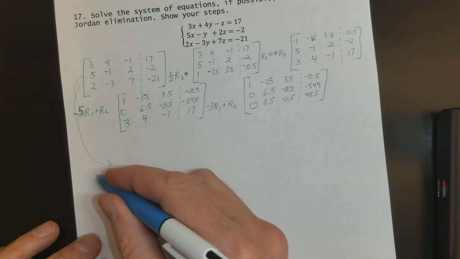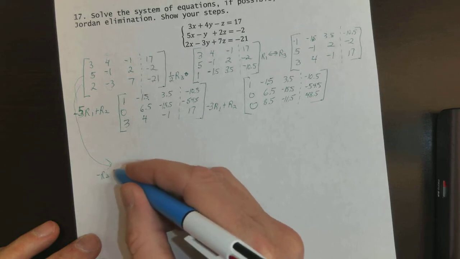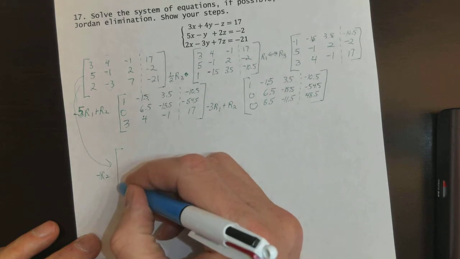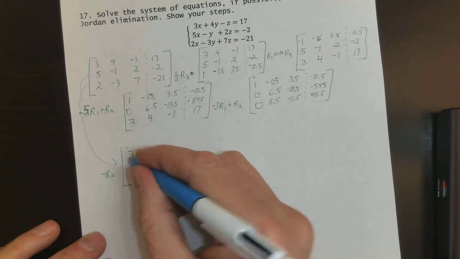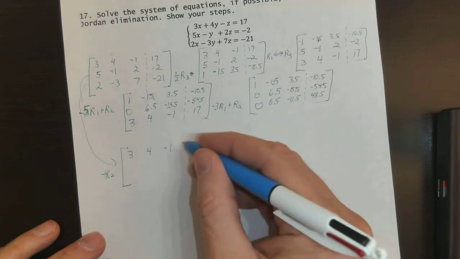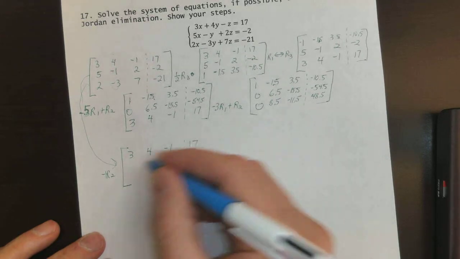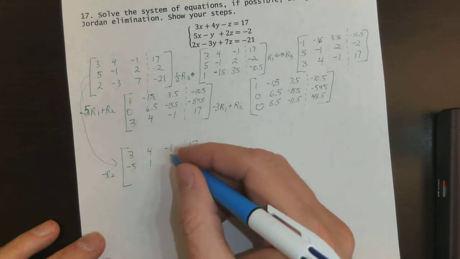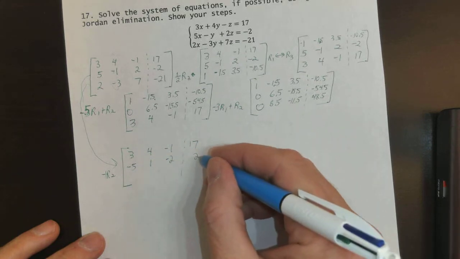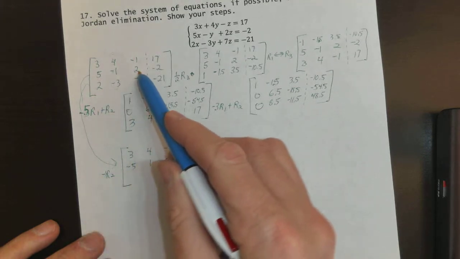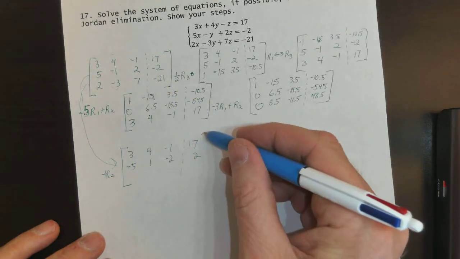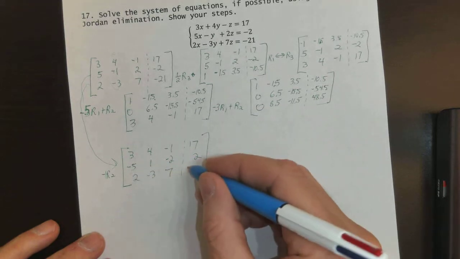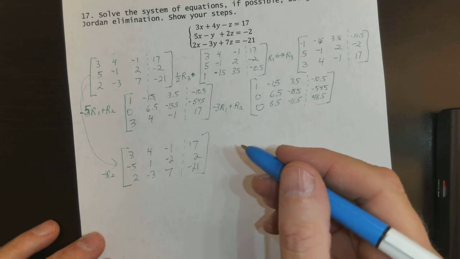So I'm going to take negative R2, negative 1 times R2, if you prefer. And I'm going to go a new path here. So I got 3, 4, negative 1, and 17, negative 5, 1. See, I got my 1 here, negative 2, and 2. I change all the signs properly. Okay. And 2, negative 3, 7, negative 21.